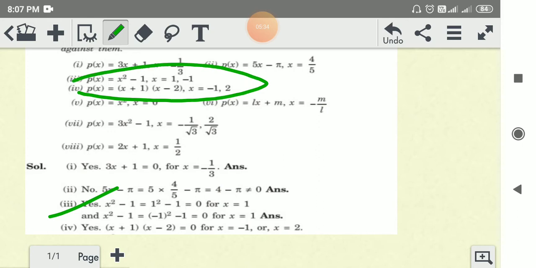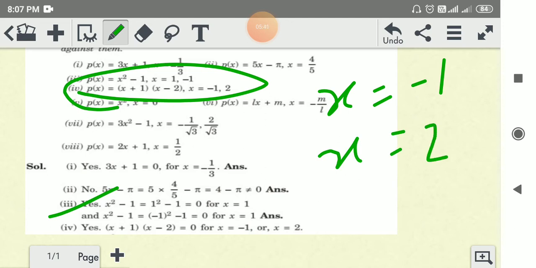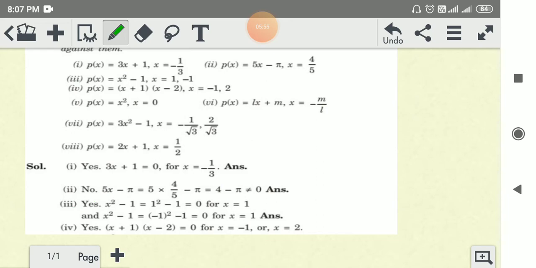Here putting x is equal to first -1 and x is equal to 2. If we get 0, then this is a zero of the polynomial, otherwise not a zero of the given equation.